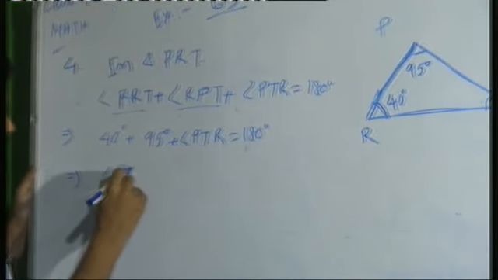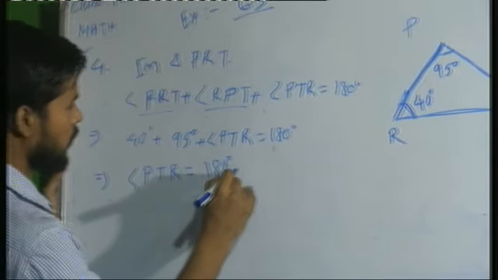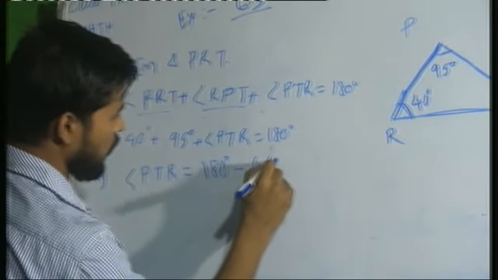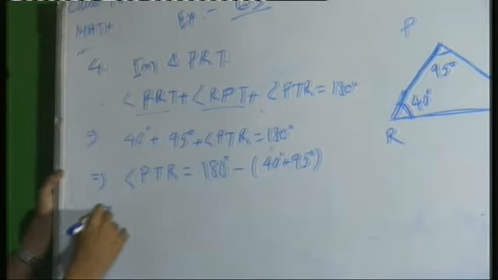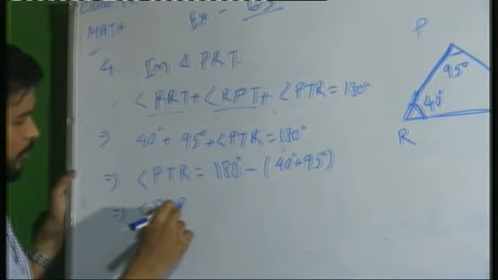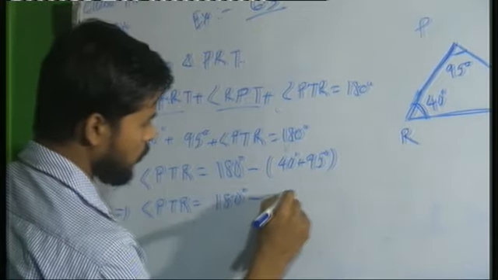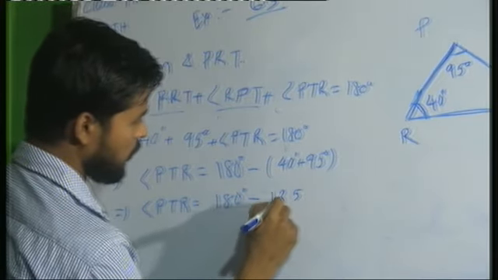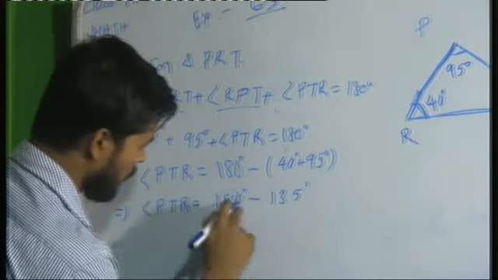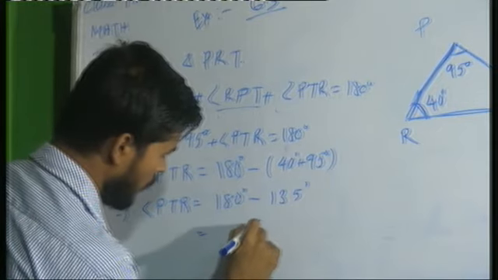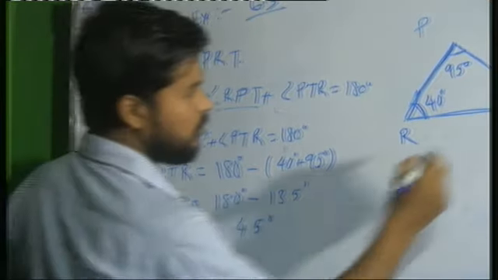That means angle PTR is equal to 180 degrees minus (40 plus 95) degrees. Now do the calculation. PTR is equal to 180 degrees minus 135 degrees, which is 45 degrees. So the value of this angle is equal to 45 degrees.